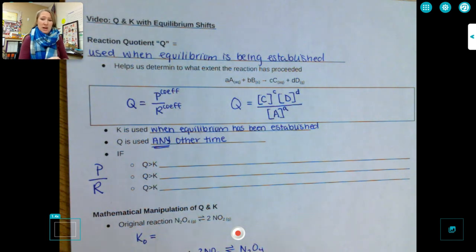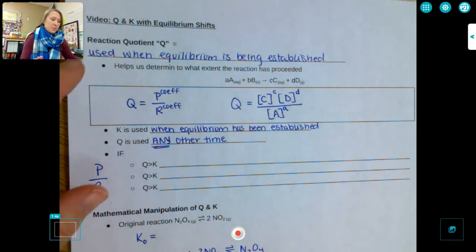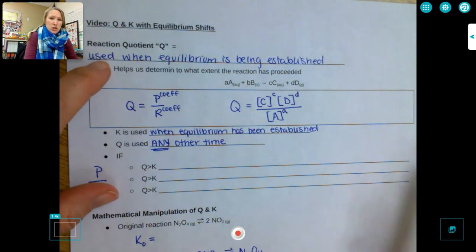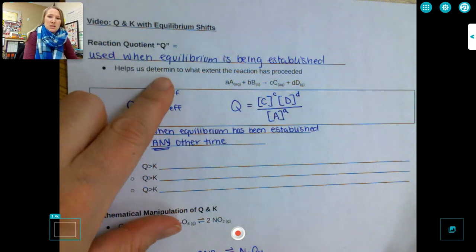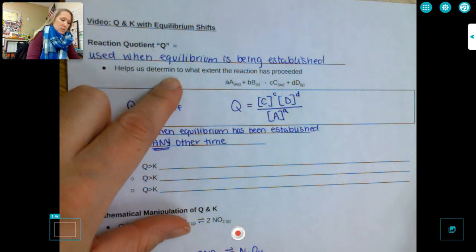So because of that, we have the reaction quotient Q to help us determine how far the reaction has proceeded and then which way it's going to shift to reestablish equilibrium. Our reaction quotient Q is used when equilibrium is being established, so when we just have initial concentrations. It helps us determine to what extent the reaction has proceeded.